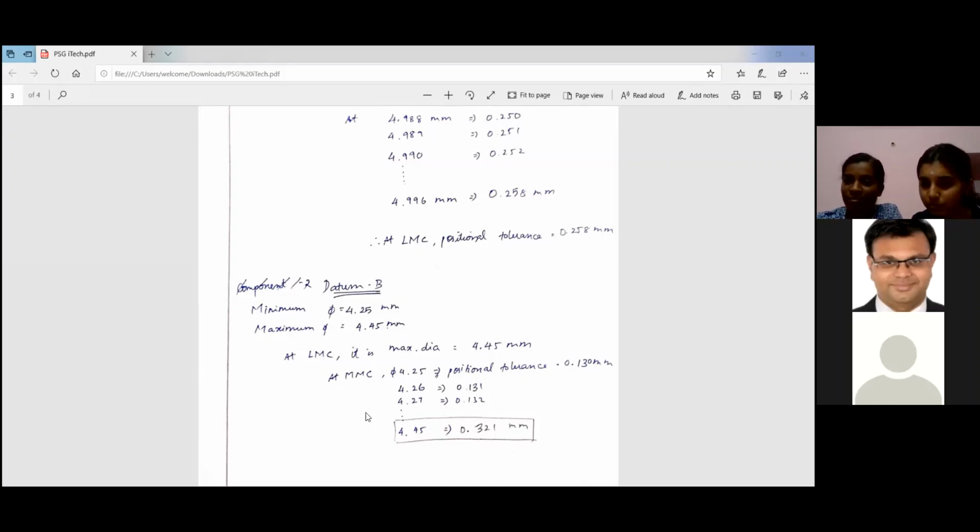So 0.13 plus 0.2, how much? 0.32? Oh no, 0.33, right?